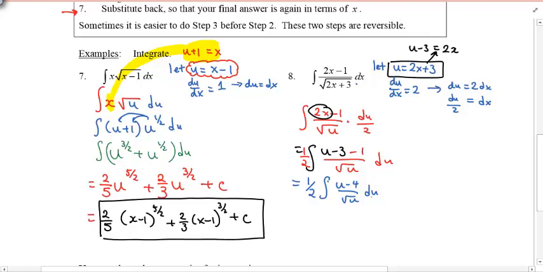And remember, the goal here is to rewrite this as a power, so u divided by root u is just root u, and this is 4 over root u du. I can once again rewrite these as exponents.